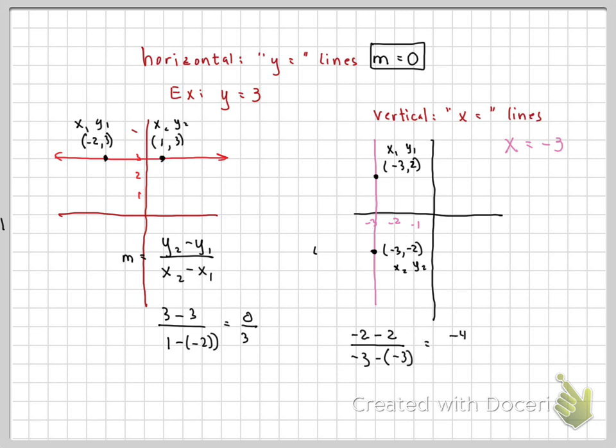We would get -4 over 0. Remember, you're never allowed a 0 in the denominator. So the slope for a vertical line, as a reminder, is undefined because you will get a 0 in your denominator every time you do the slope formula for an x equals equation. Okay, and that's a reminder now not only of how to graph, but how to find the slopes for horizontal and vertical lines.